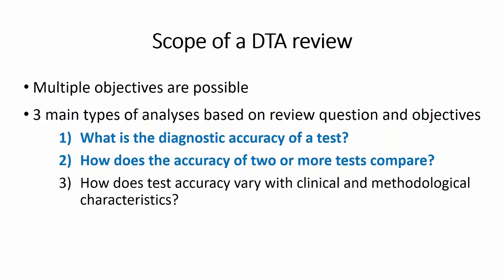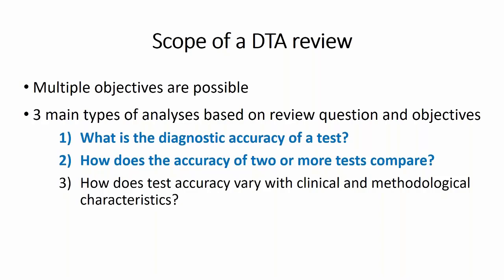So these reviews are being done commonly in Cochrane. And out of these 79 that assessed two or more tests, 54 assessed more than two tests. So that's about 68%. Well, maybe this number isn't surprising in Cochrane reviews, because the Cochrane DTA editorial team encourage review authors to address comparative questions where relevant.